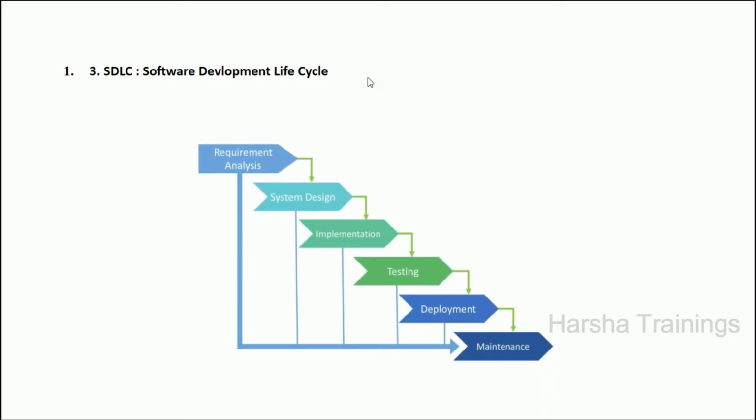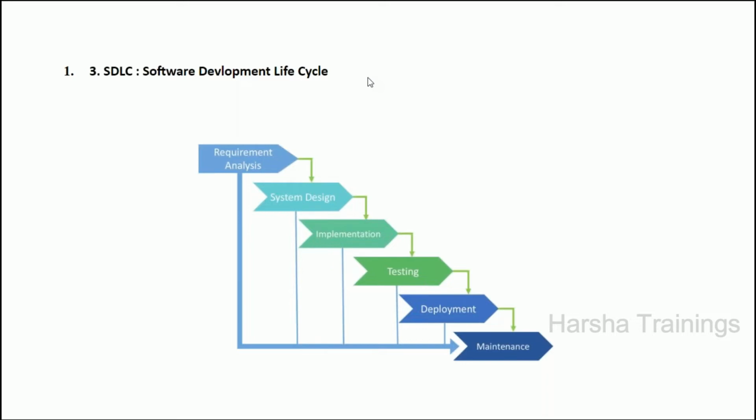Once the system design is done, what is the immediate step? What is meant by implementation? Now we have the requirement document, and how the design looks once the construction happens is with you.